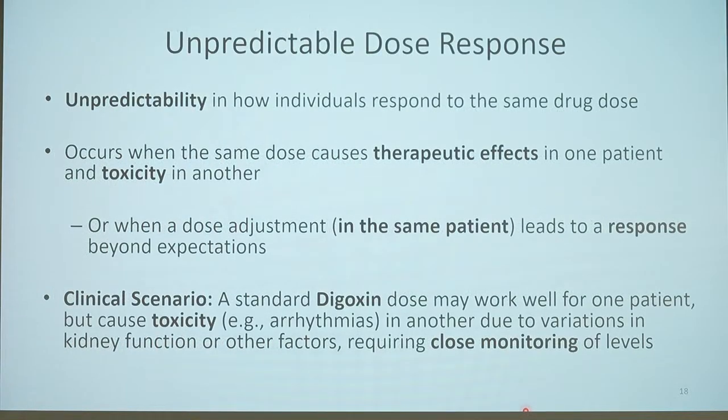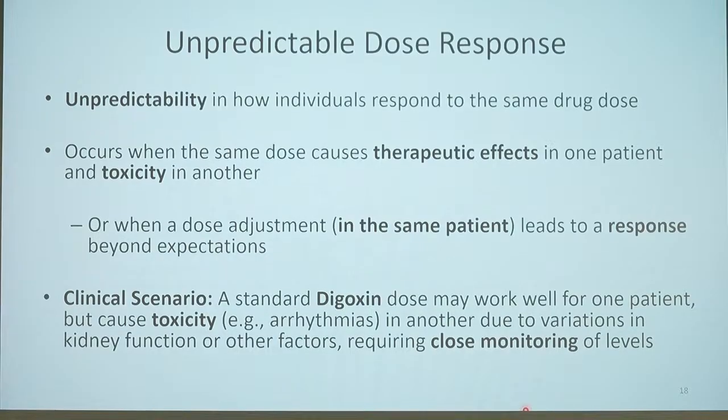So when we talk about the unpredictable dose-response relationship, or when a drug has one dose ends up producing variable blood concentrations in the same or different patients, that is why it's important that we monitor these drugs.